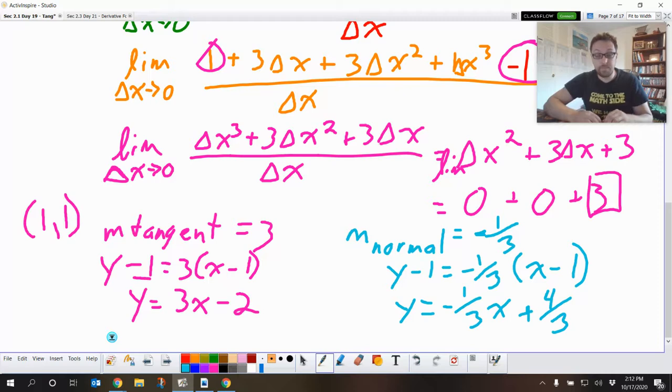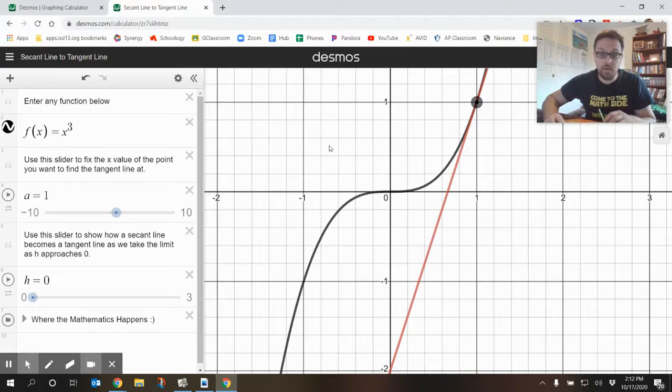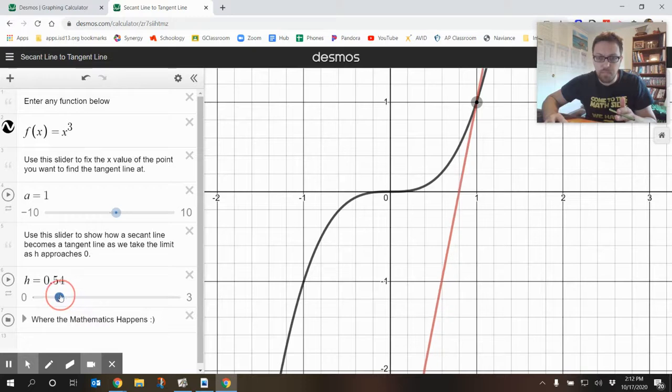All set. Now we can even test this out using that other thing that I was using earlier. Here's our point of 1, and we want to figure out what our tangent line is going to be. So right now the slope seems to be, let's see, about 4.